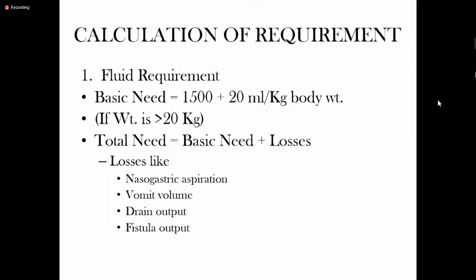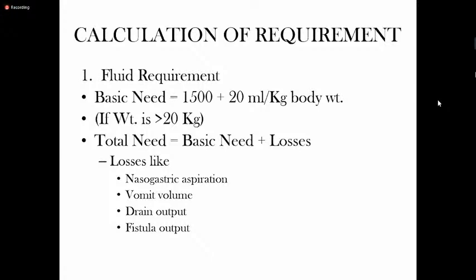So a basic fluid need must be given, but if we want to calculate the basic need, we must first of all know the total need. The total need is the basic need plus the losses. Okay, the basic needs are above, and the losses are these ones below.